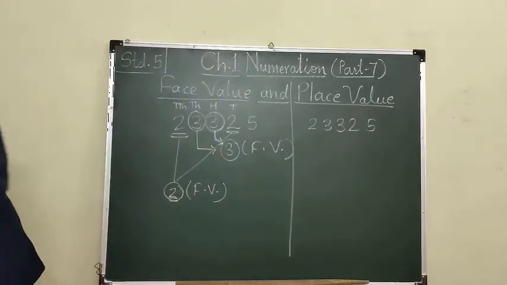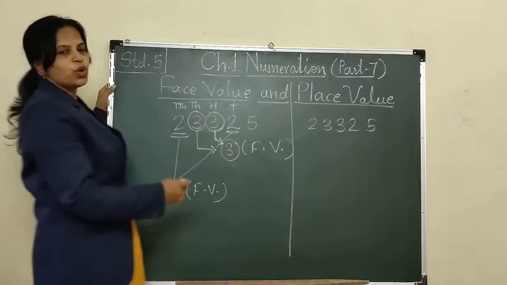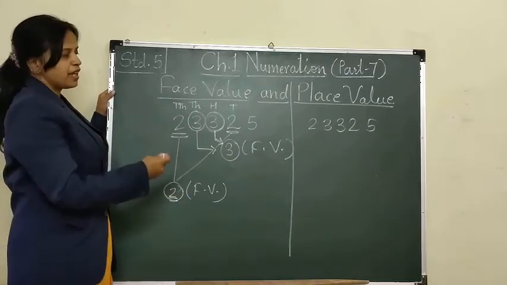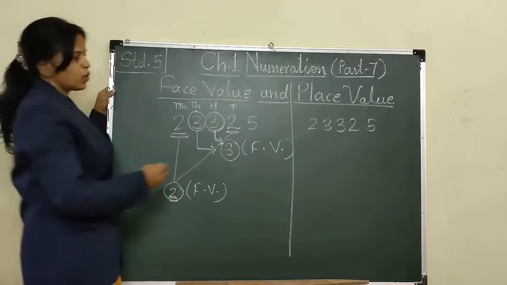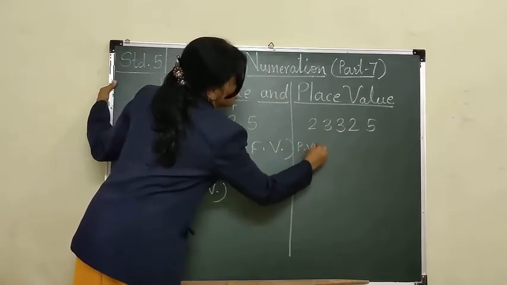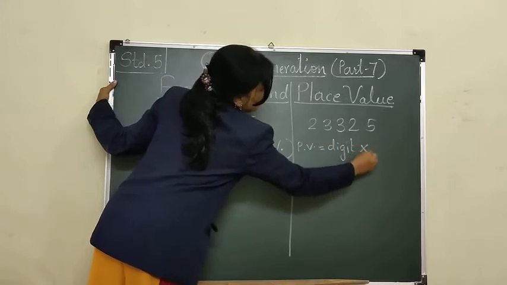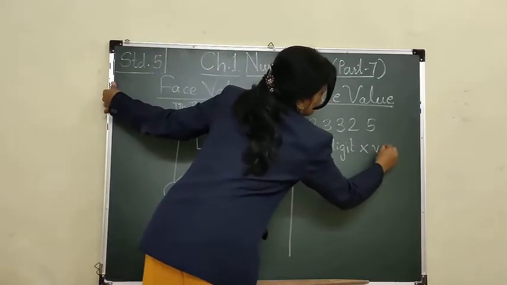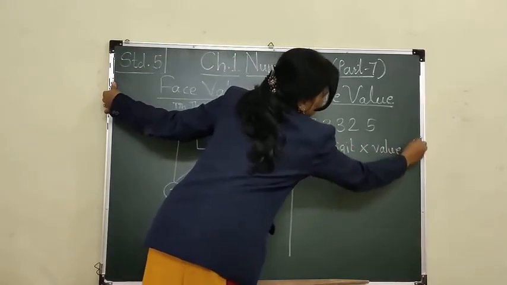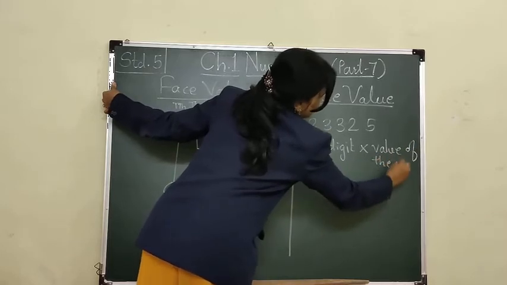It is very important to understand at which place the digit is present. Actually, place value means the digit into value of the place.